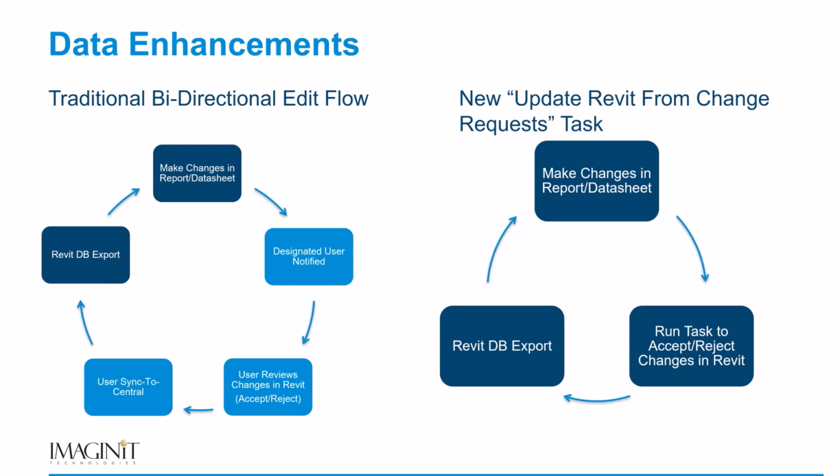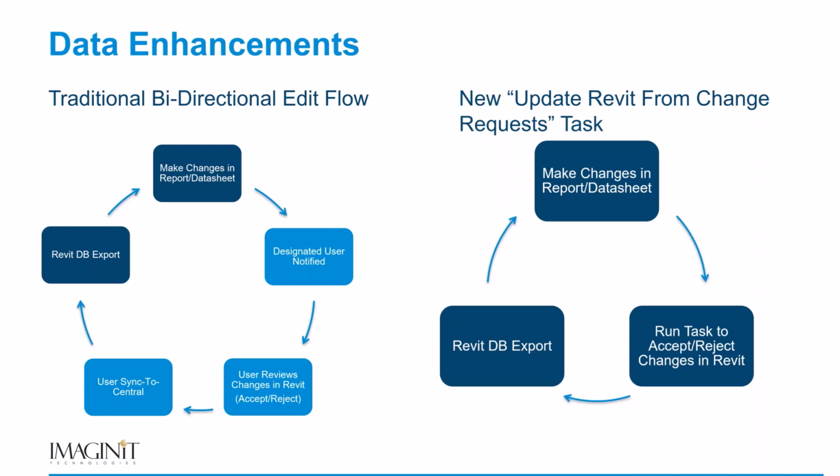Going back a large number of years in Clarity, we had the mechanism to export data out to a project database and then bring up the data in a data sheet or in a report. And if you wanted to give people access so that they could look at the data, see something that was wrong, and make changes, and have those changes flow back to Revit, we had that capability for a long time.